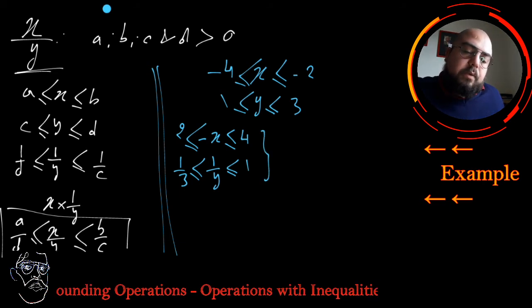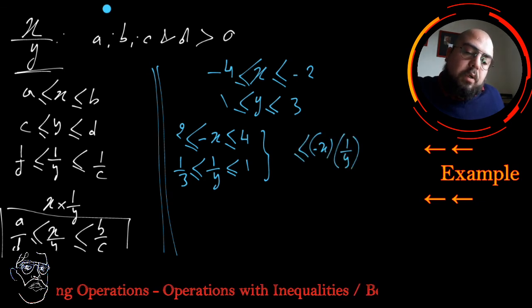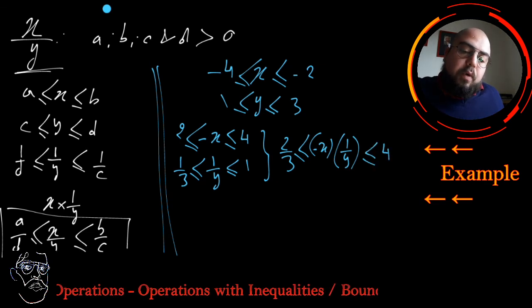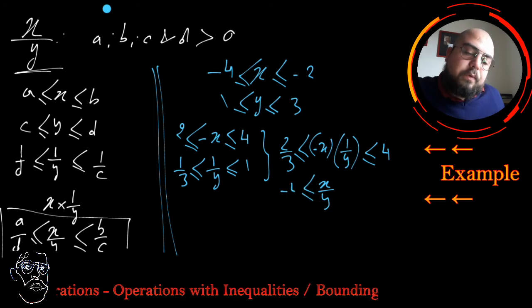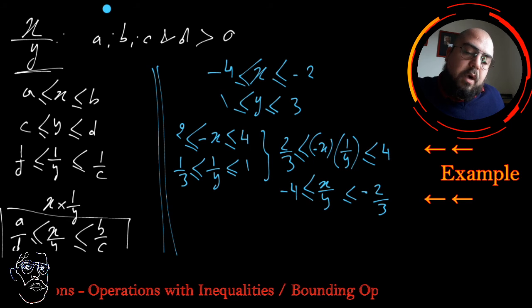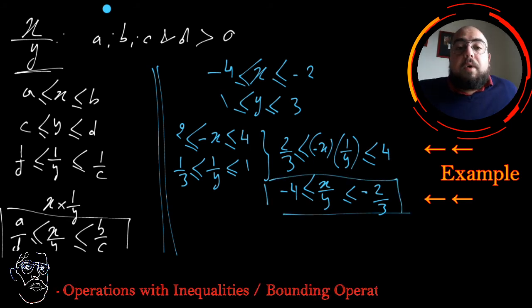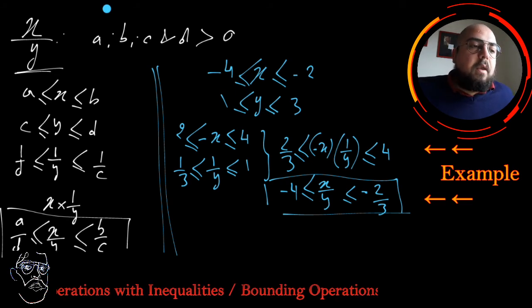And then you need to multiply, so minus x times 1 over y will be between 2 over 3 and 4. So x over y will be between -4 and -2 over 3. So this is how you find the operation related to the division of two boundaries.